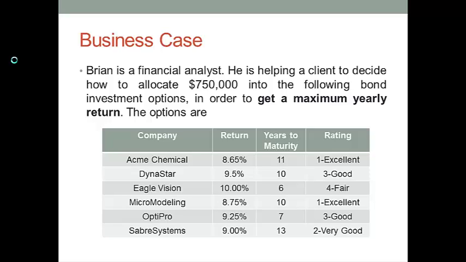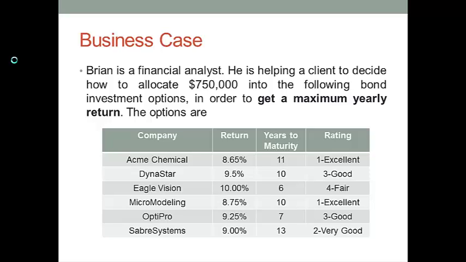The financial analyst, Brian, suggested 6 bonds to this client. As you can see on this table, we have Acme Chemical Bond, Dynastar, Eagle Vision, Micromodeling, OptiPro, and Cyber Systems. These are the bonds available for the investment.